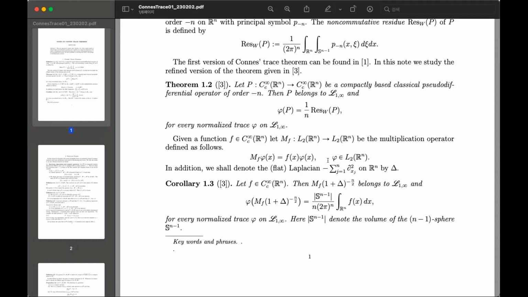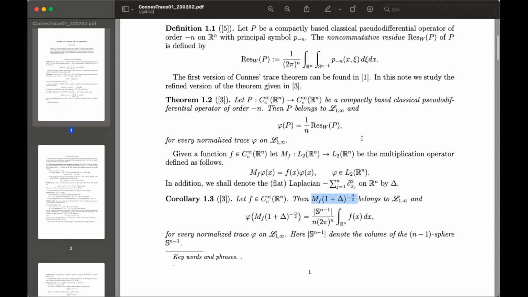And it can be shown that this operator forms a pseudo differential operator of order minus n.